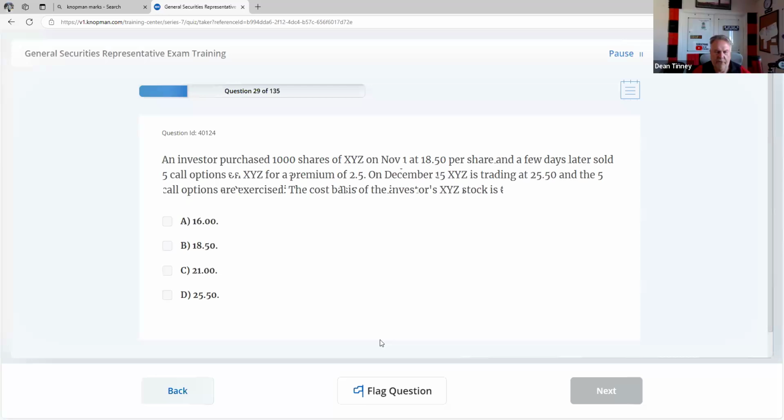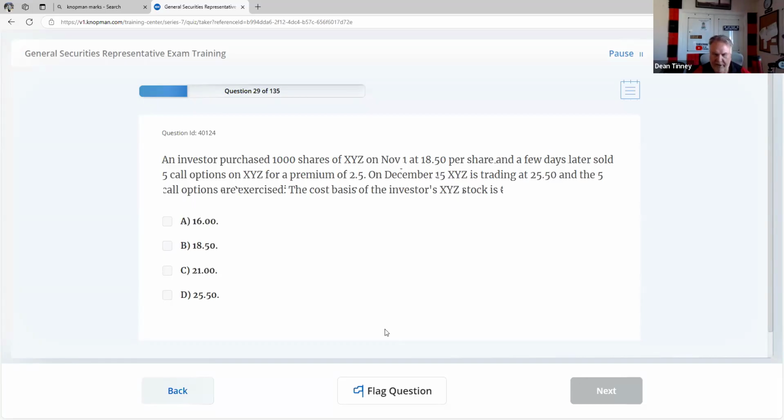An investor purchased 1,000 shares of XYZ. By the way, that's fun for people who are watching when the tutor gets stumped. They're like, I haven't seen a lot of the questions when we're doing these kinds of ones, so who knows? An investor purchased 1,000 shares of XYZ on November 1st at $18.50 per share. A few days later, you sold five call options at a premium of 2.5.